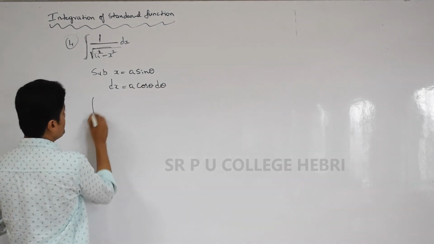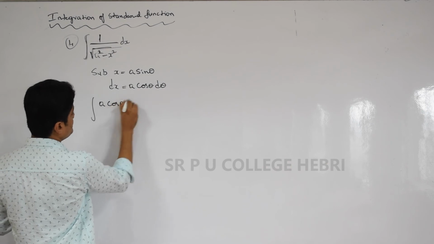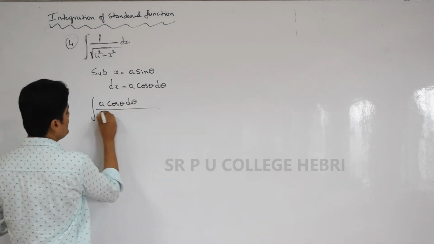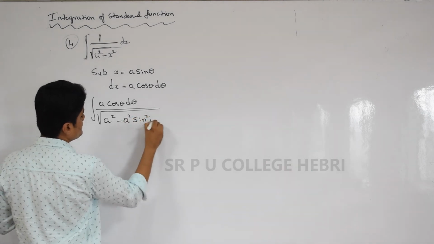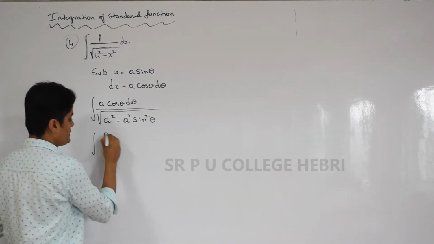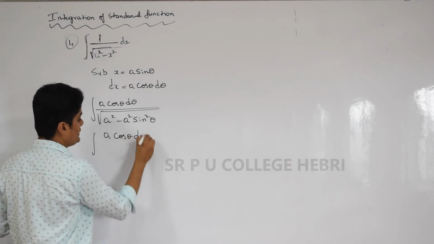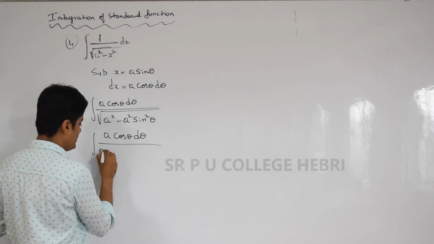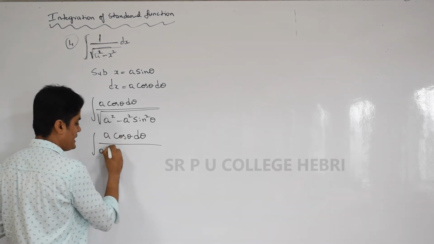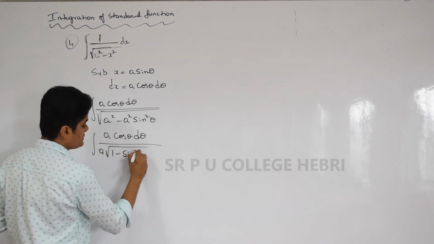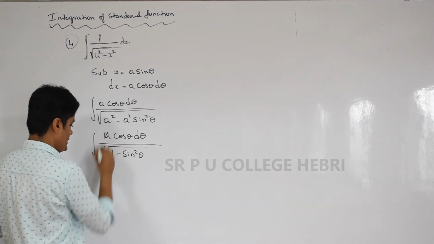Substitute that here: a cos theta into d theta divided by root of a square minus a square sin square theta. That is a cos theta d theta divided by, taking a square outside, but when it comes outside the square root becomes just a, root of 1 minus sin square theta. Understood? So a cancels.